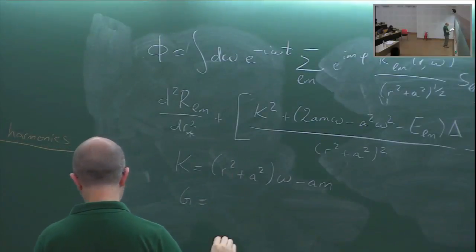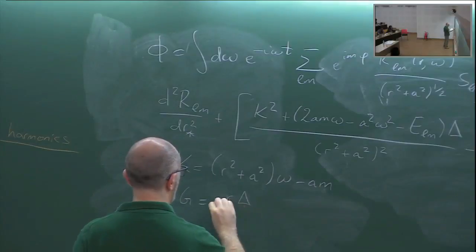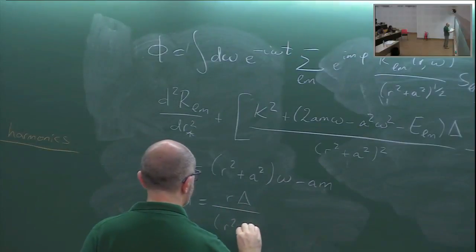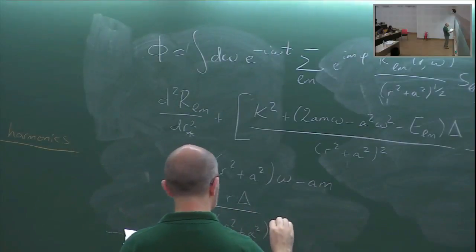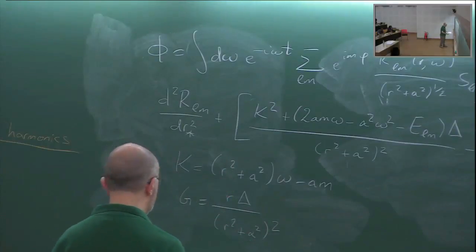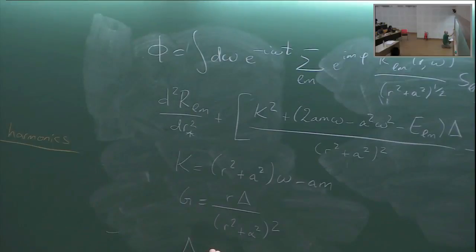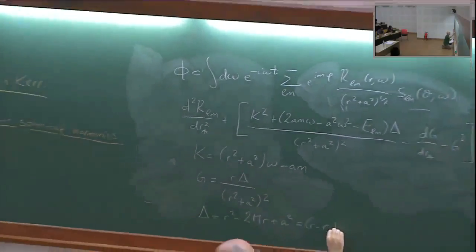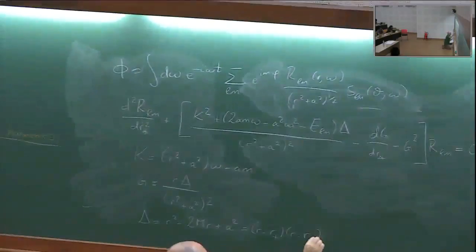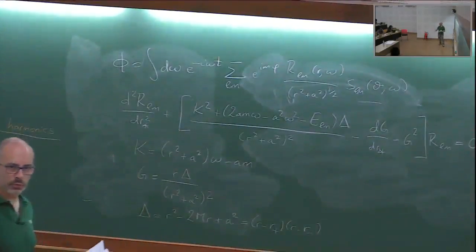G is equal to r delta over (r squared plus a squared) squared. And delta, as usual, is r squared minus 2mr plus a squared, that I can also rewrite as (r minus r plus)(r minus r minus), where these are the two roots of the quadratic.